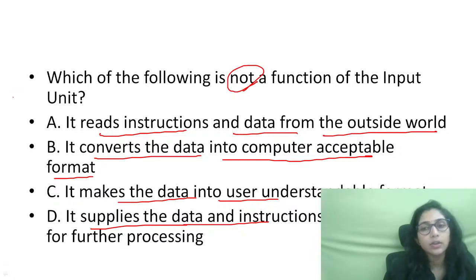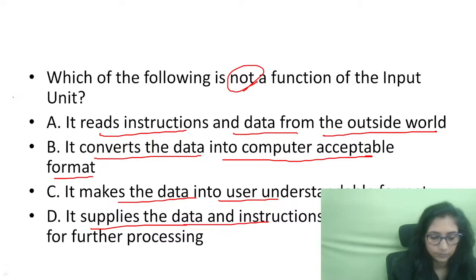Which is not a function of the input unit?